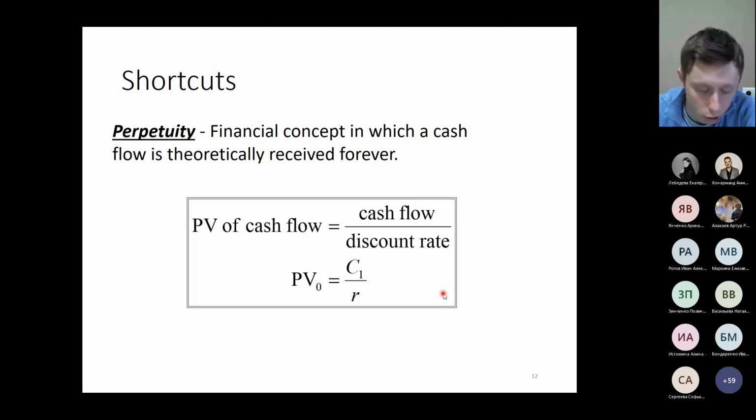Perpetuity includes the concept of compounding, not compounding, but discounting. The further we go, the lower the present value of those cash flows.